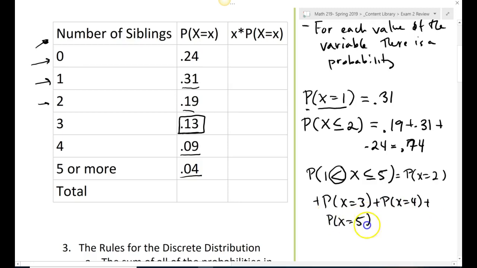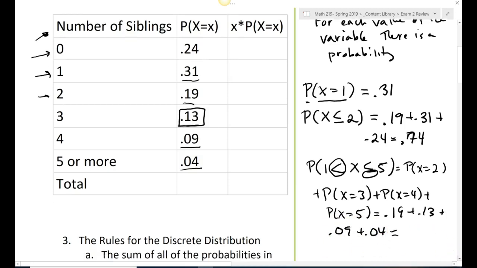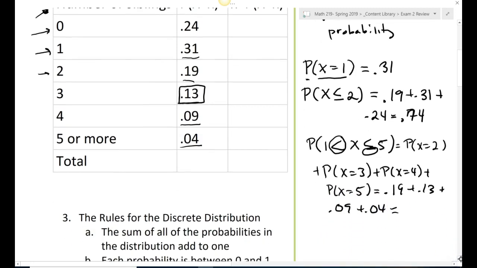Why do we have x equal 5 but not 1? That's because of the equal sign down here. That gives me 0.19 plus 0.13 plus 0.09 plus 0.04, and that equals 0.45.